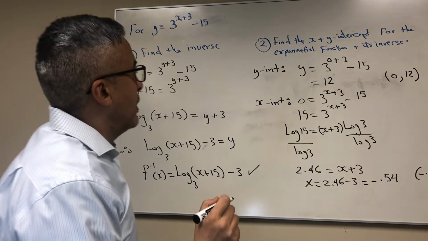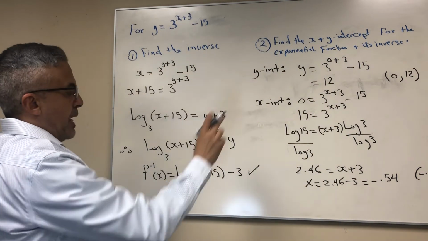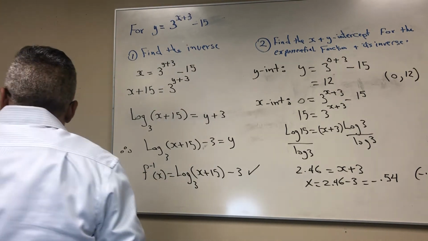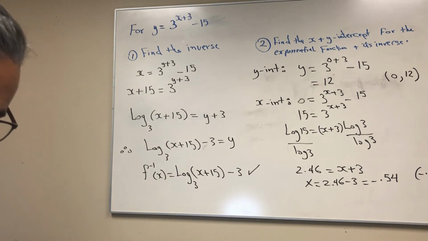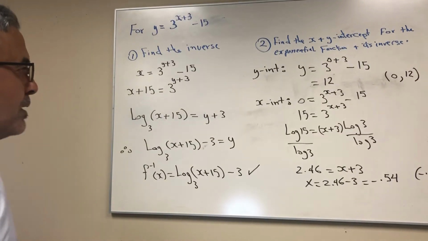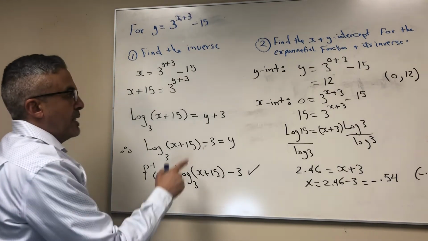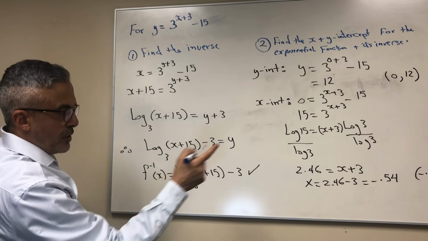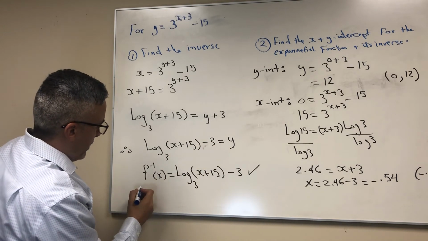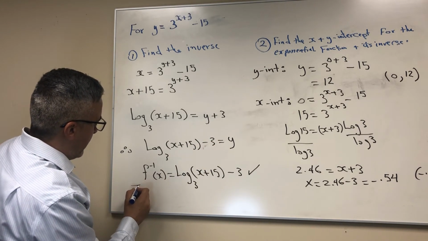So the x-intercept and the y-intercept on the inverse: since it's the inverse, the x-intercept becomes the y-intercept. Hold on a second.